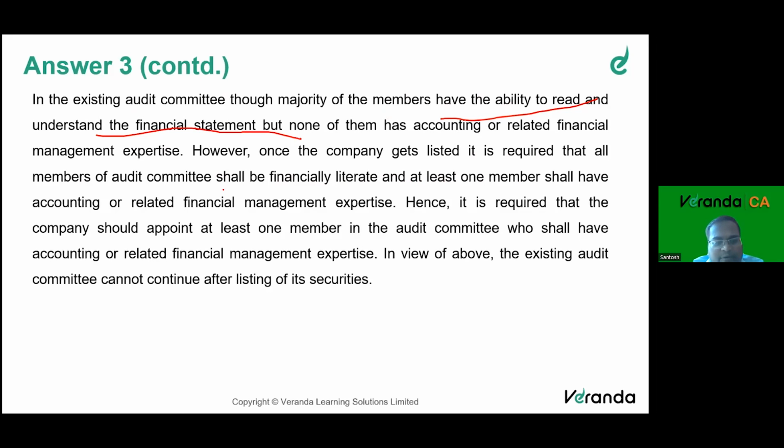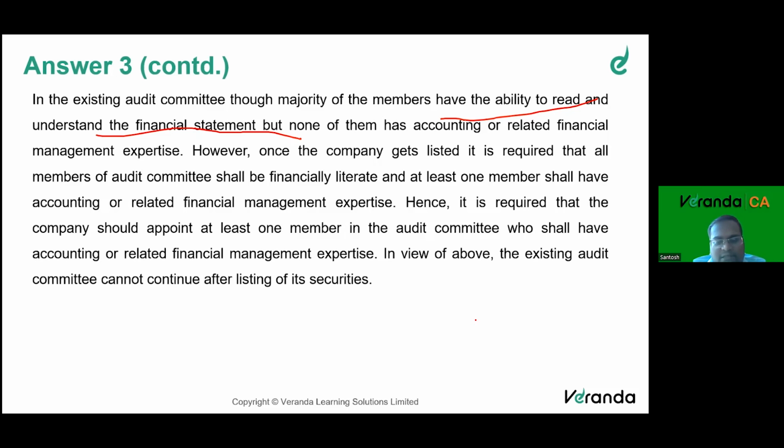At least 1 member shall have accounting or related financial management expertise. Hence, it is required that the company should appoint at least 1 member in the audit committee who has this expertise. So in view of all of this, the existing audit committee cannot continue after listing of its securities.